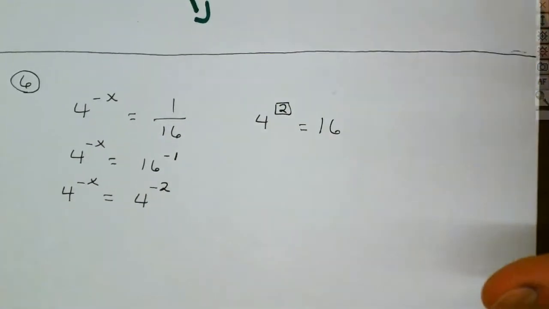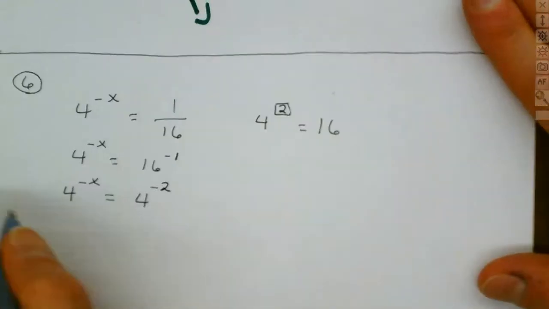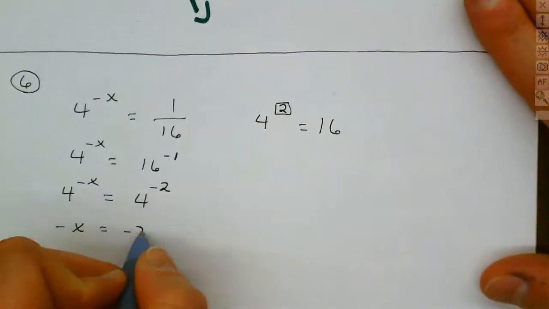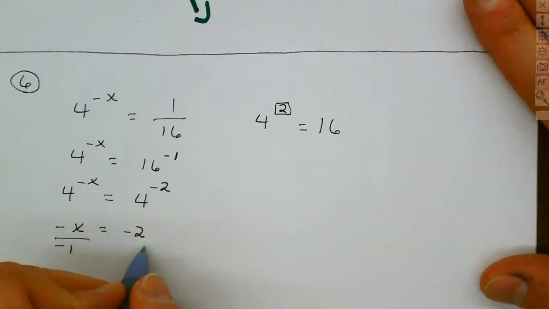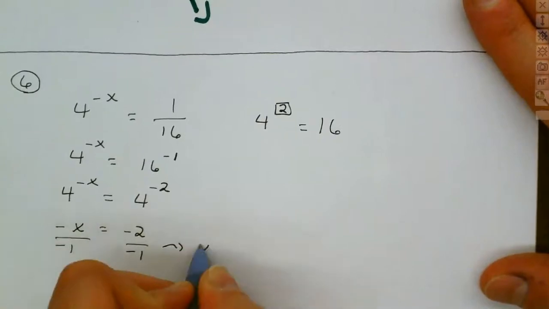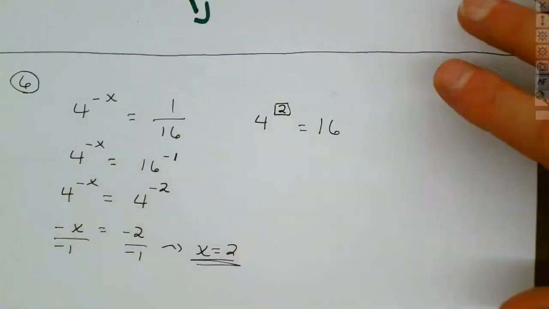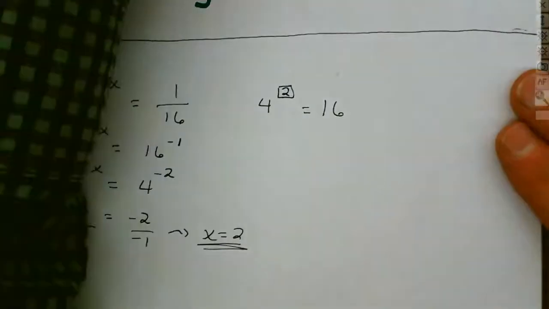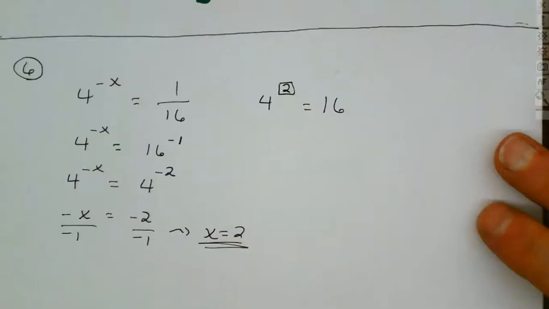Are the bases the same? Yes. Once we know the bases are the same, then the exponents must be the same. So then negative x equals negative 2. Divide by your negative 1. And now we know that x must be what? Must be 2. Is everyone okay with how I did that?